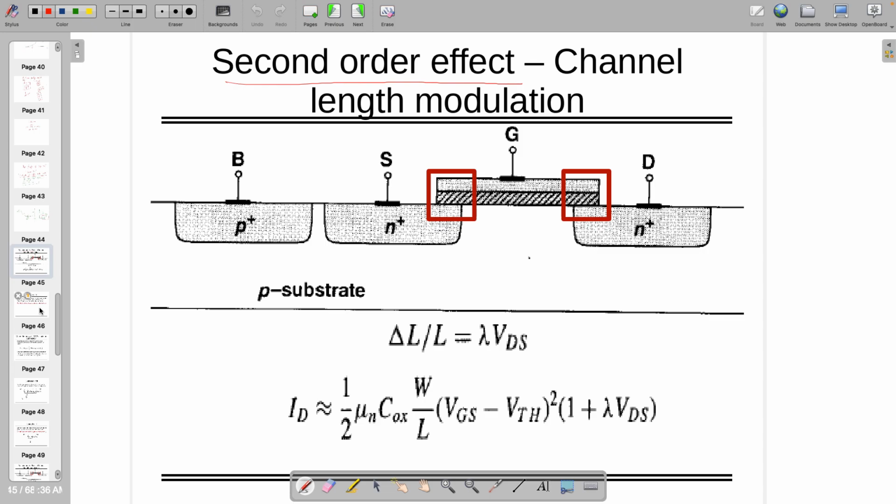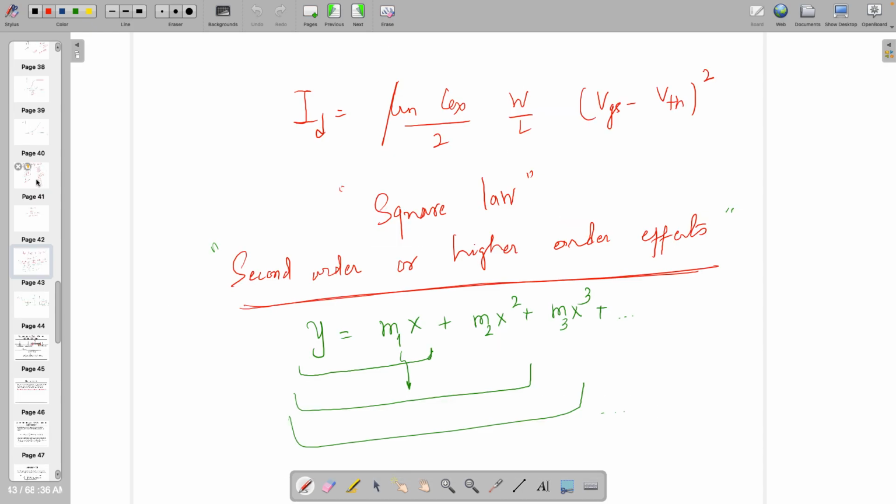So if this is an NMOS, you can see there are two red boxes, right? So it has some overlap. Because of the overlap, instead of having the equation like this, you might have L prime, like in one of the places where it was written.